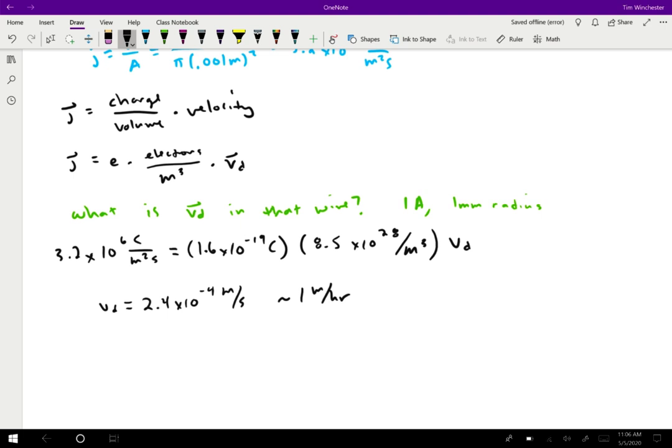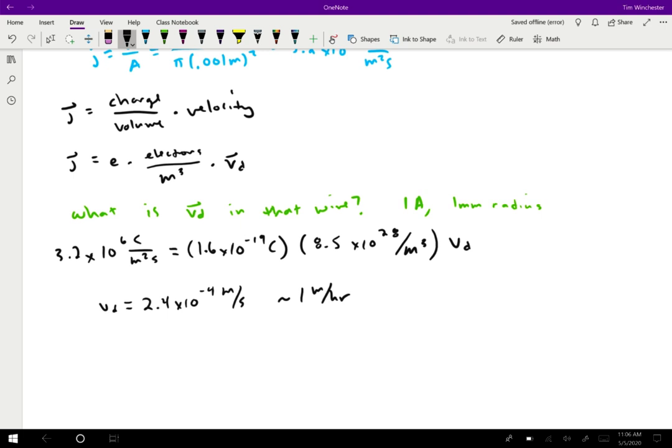So, in fact, the electrons in a wire with some reasonable size of current are moving extremely slowly. And so it would take hours and hours for the electrons to go some large distance through the full circuit that is made in the walls of your house.